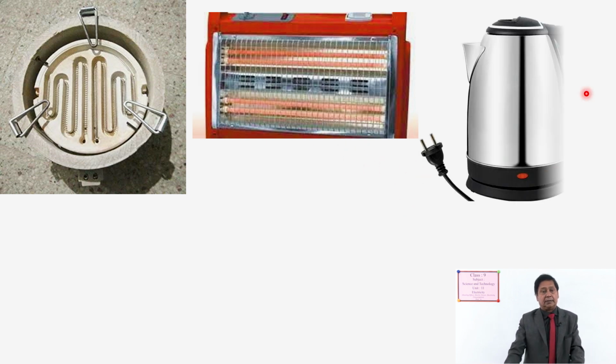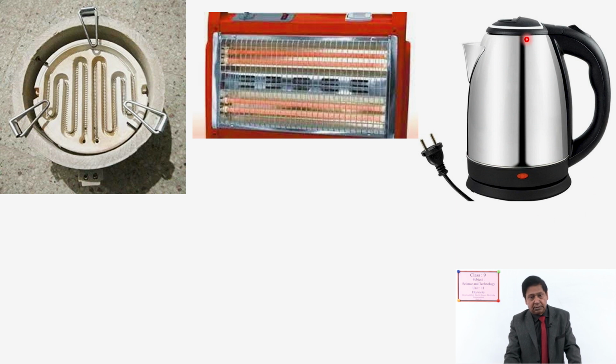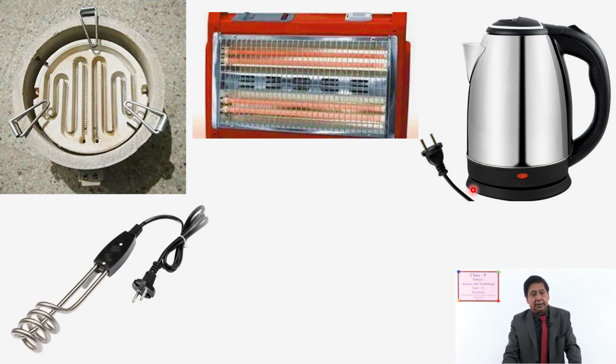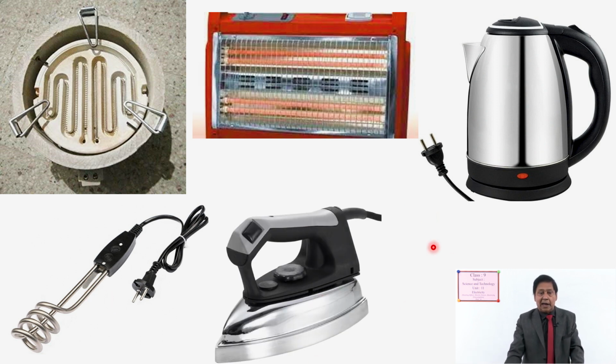And the third is used to boil water. This is a water heater. And another, normally called a rod in our daily life, is an immersion heater. This part is immersed into water kept in a bucket and the water is boiled. And this is an electric iron, used for pressing clothes.